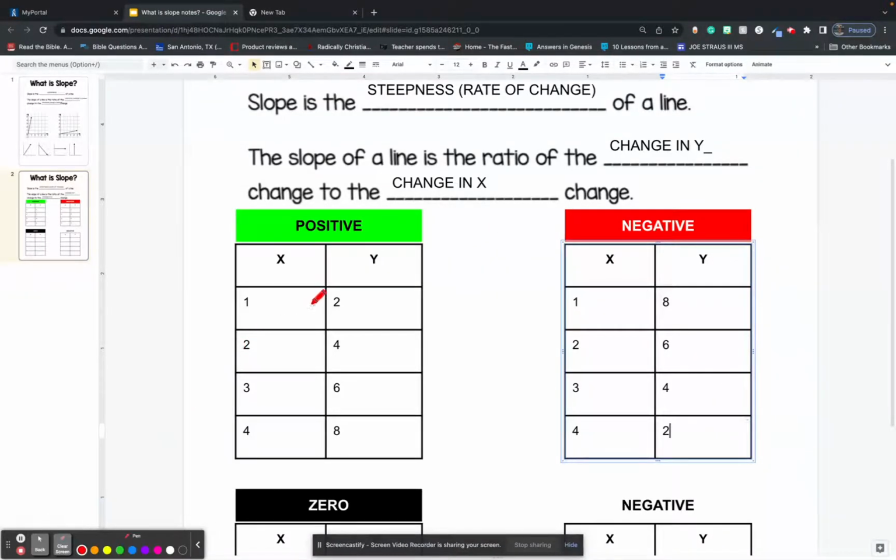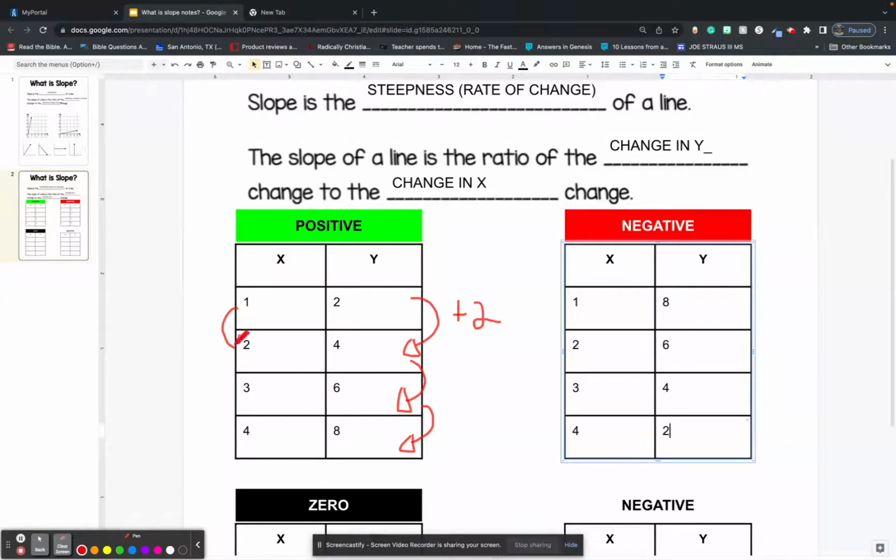And you can see that in the rate of change. You can see why it's called rate of change. Because remember, slope is the change in y over the change in x. So from here to here, the slope is going up plus 2 every time. It's going up plus 2.